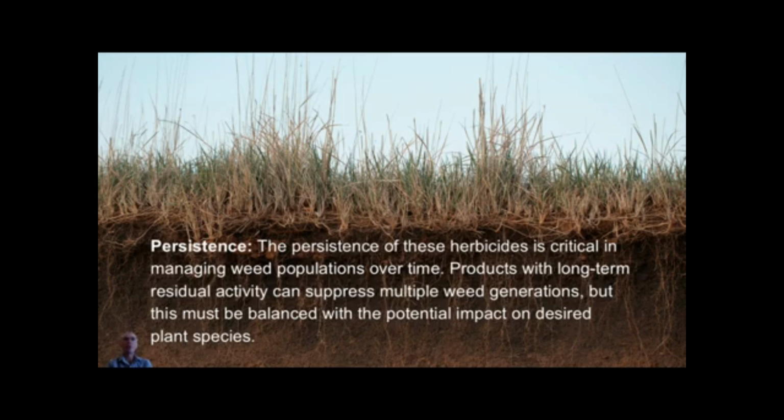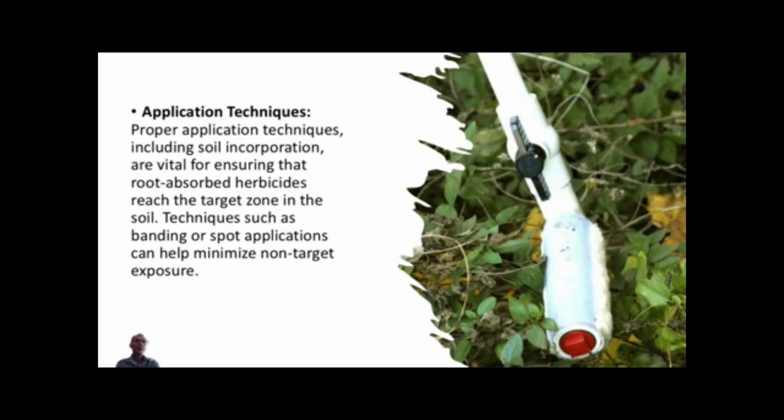Products with long-term residual activity can suppress multiple weed generations, but this must be balanced with the potential impact on desired plant species. Application techniques. Proper application techniques, including soil incorporation, are vital for ensuring that root-absorbed herbicides reach the target zone in the soil. Techniques such as banding or spot applications can help minimize non-target exposure.